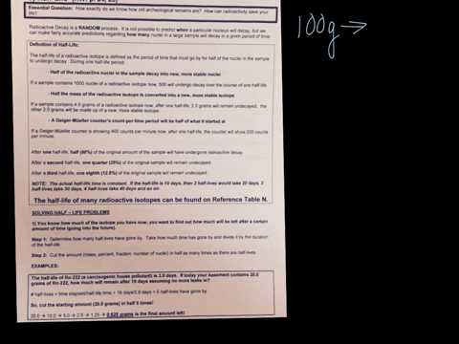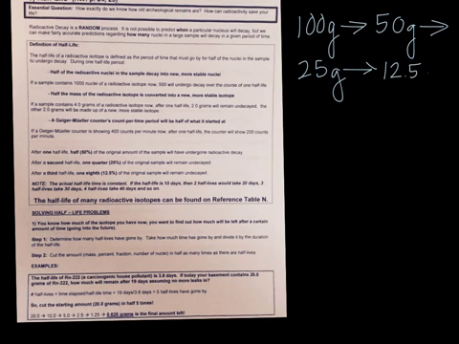After one half-life, 50 grams are left. After another half-life, 25 grams are left. And after another half-life, 12.5 grams are left. Each of these arrows represents a half-life. So here you can see after 3 half-lives, 12.5 grams of a sample would be remaining.